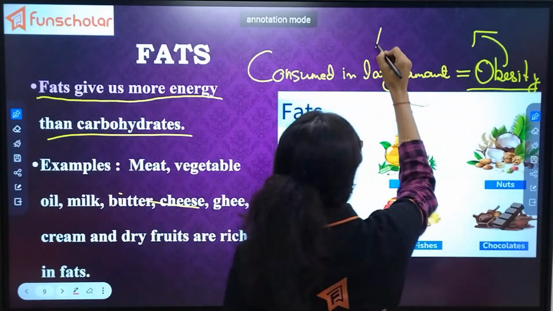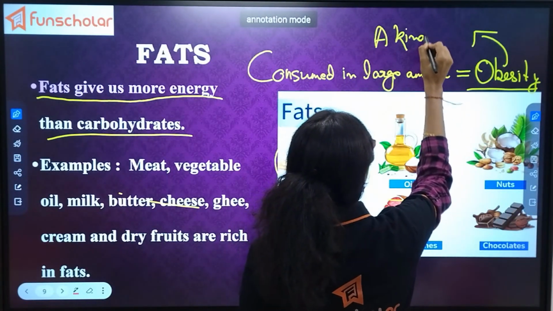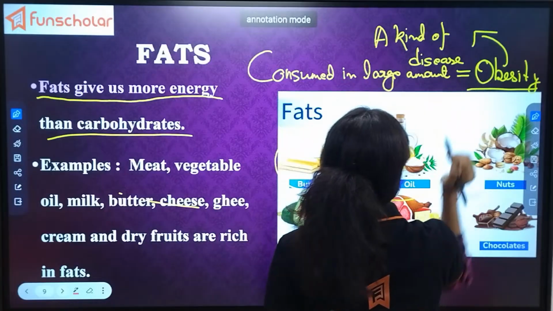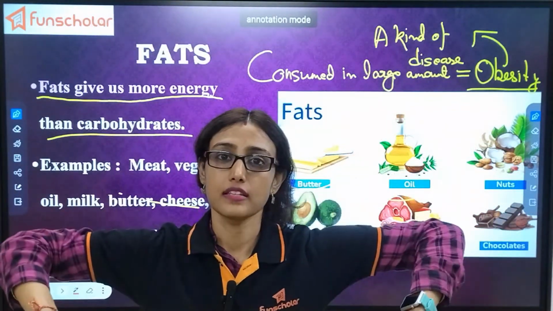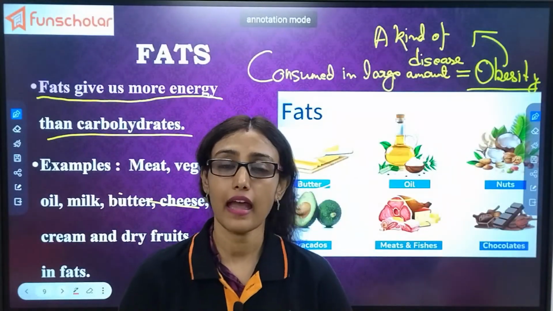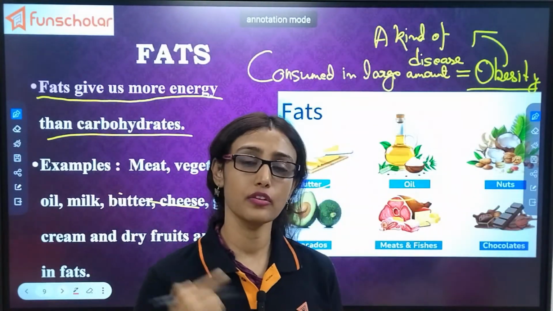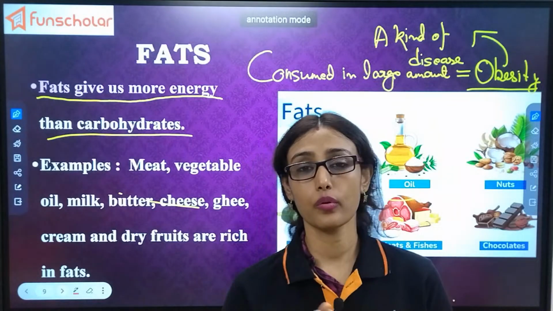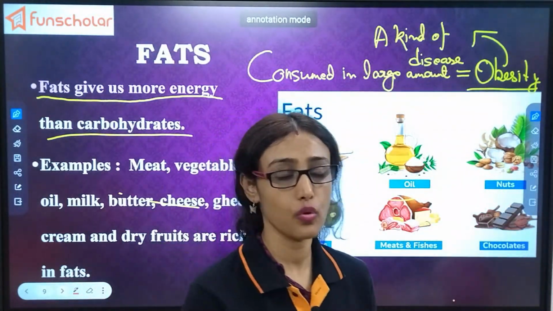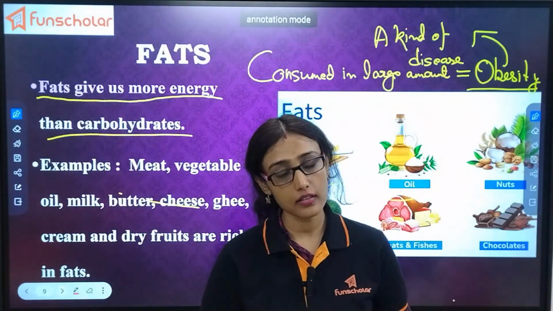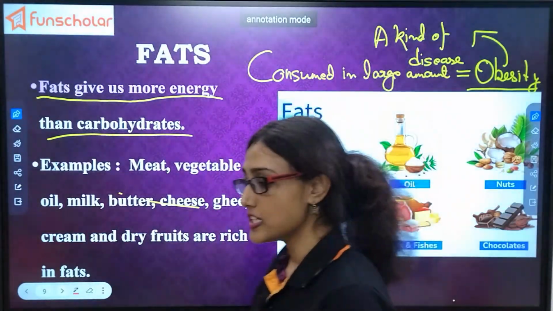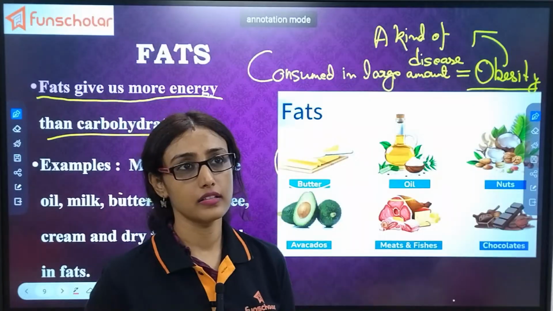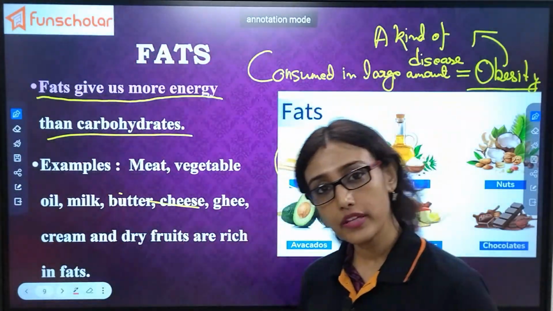It is a kind of disease, okay, in which from slim you turn this much fat, okay, and if you have extra fat, that means you will have chronic diseases, okay, your cholesterol level will grow high, you will have heart attack, stroke, you won't be able to do any work, okay, you lose energy, you will need more things with time, then different other kinds of diseases may also happen to you along with obesity.